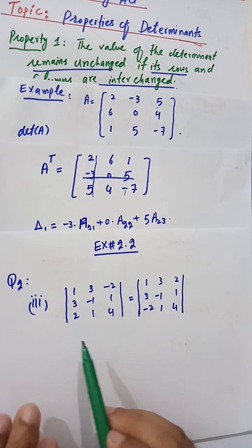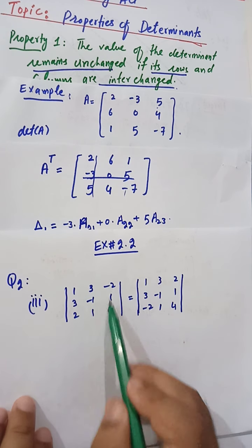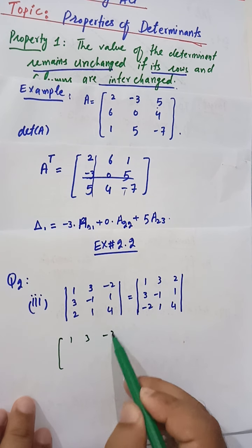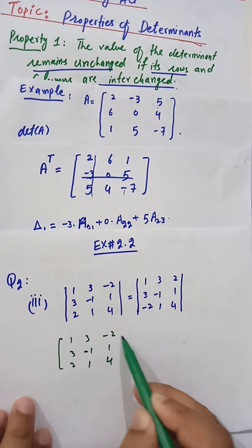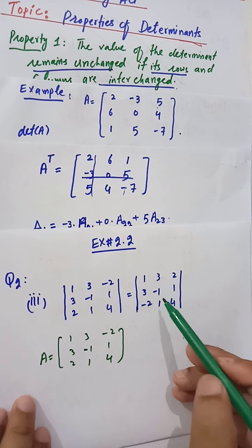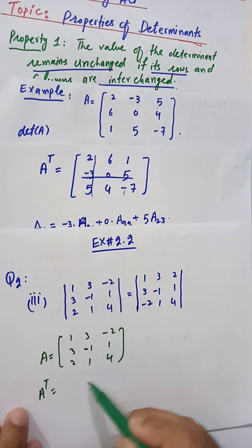So if I convert this determinant into a matrix, the matrix of this is, let's say, denoted by A. And on the right side, if you look at the determinant, this is actually the transpose of this matrix.